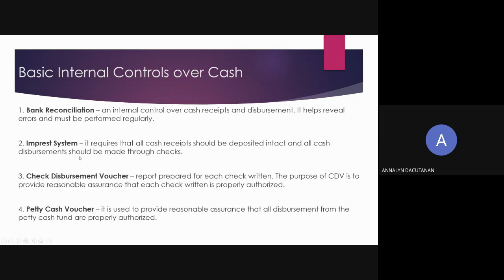Kaso si Impress system medyo matrabaho siya, okay? Especially if you're going to deposit all your cash in a day. Kasi the following day, meron na namang requirement for cash. Saan ka na naman kukuha? Problema na naman yon.